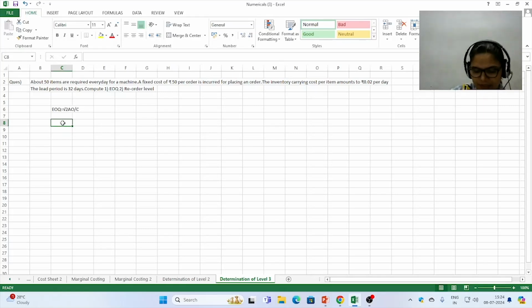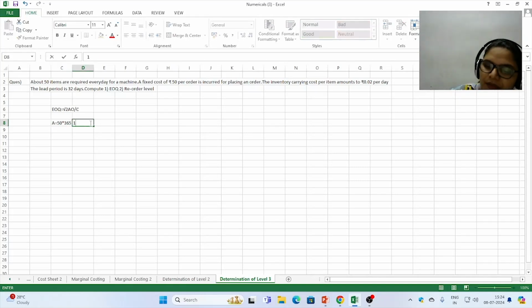A will be the annual requirement. 50 items are required every day for a machine, so for 365 days, the item requisition will be 50 into 365. It will be 18,250.